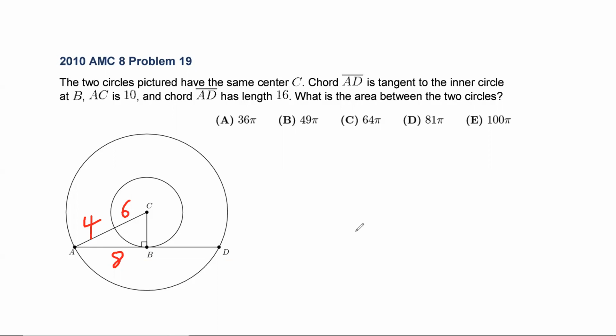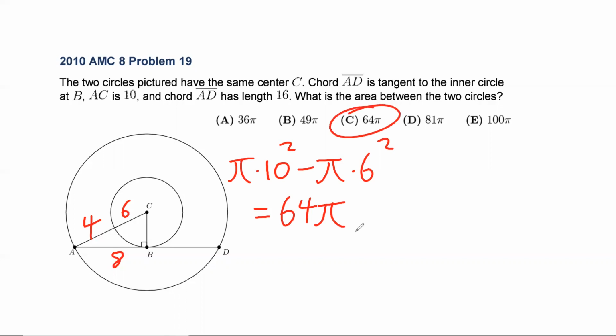Therefore, if we subtract the areas of the two circles, pi times 10 squared minus pi times 6 squared is going to be 64 pi, which is C. Okay, so moving on to the next question.